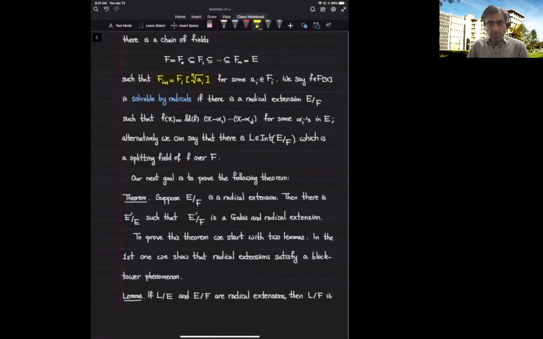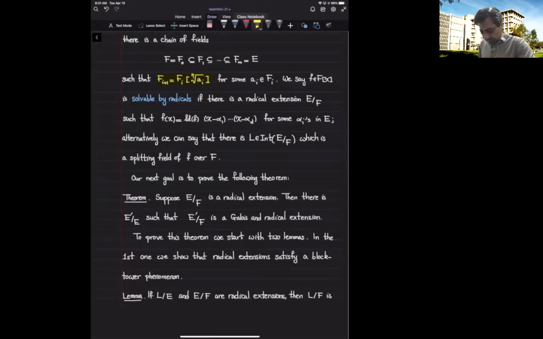So that's our goal. We want to change the field extension E over F that we are given, a radical extension, and create a Galois radical extension that contains our initial radical extension.